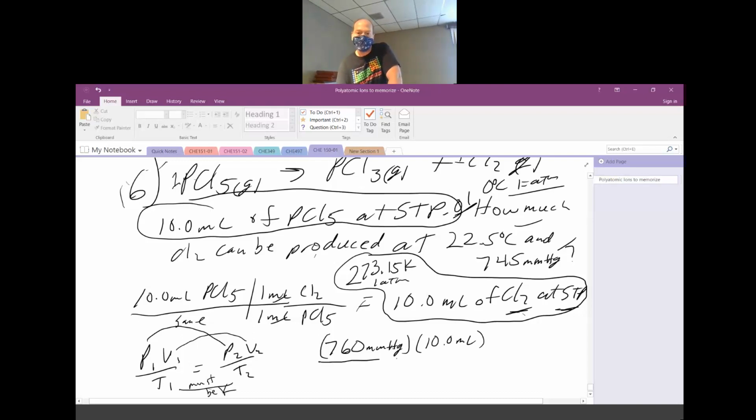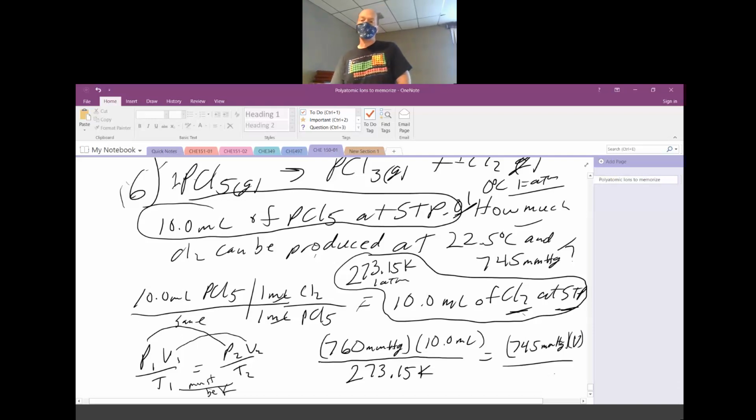And the temperature at STP is 273.15 Kelvin. Now the question is, what is my volume now? My pressure is 745 millimeters of mercury. Again, they are the same units and they will cancel. Volume is the question: what's my volume at this temperature and pressure?